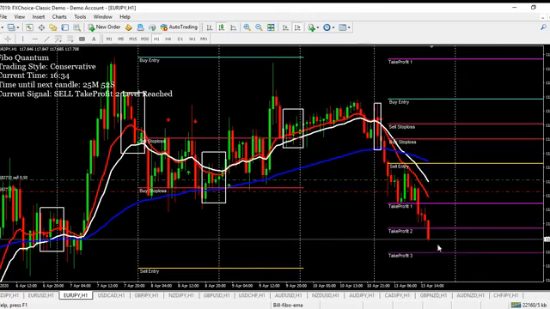And then once you get to take profit three, then you can move it all the way to take profit one. And then you can start looking at it more closely to determine if you just want to get out at take profit three, or if you think it can go further and it can develop into more of a swing trade where you hold it maybe a day or two or even 3 days.